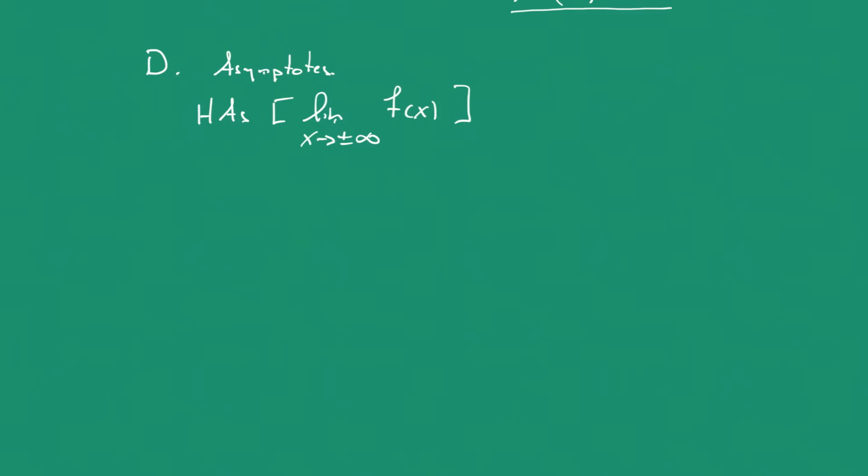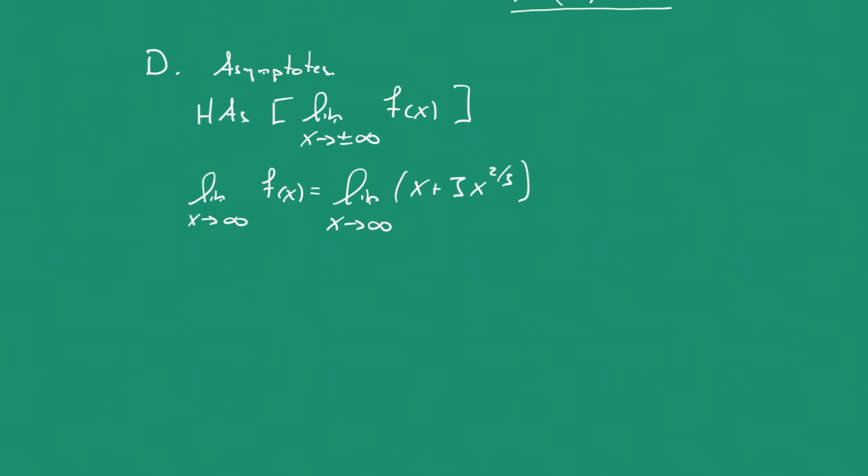And so, starting first, the limit as x tends to infinity of f of x, that's equal to the limit as x tends to infinity of x plus 3, x to the 2/3.